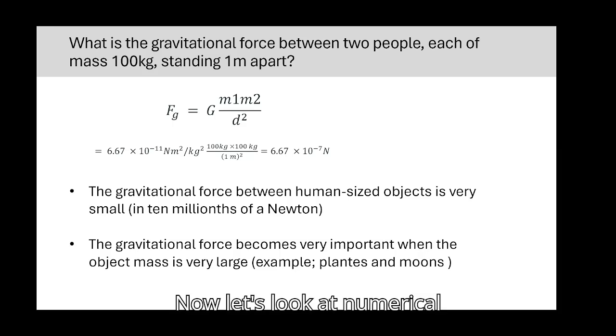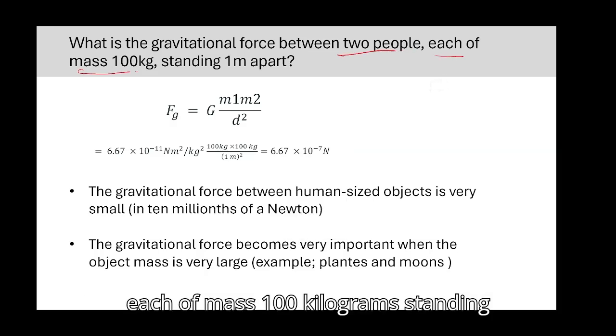Now let's look at a numerical example. It's asking: what is the gravitational force between two people each of mass 100 kilograms standing 1 meter apart?